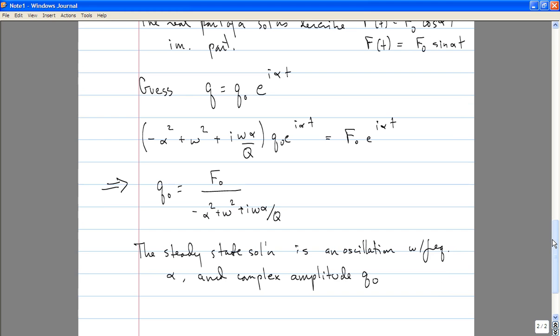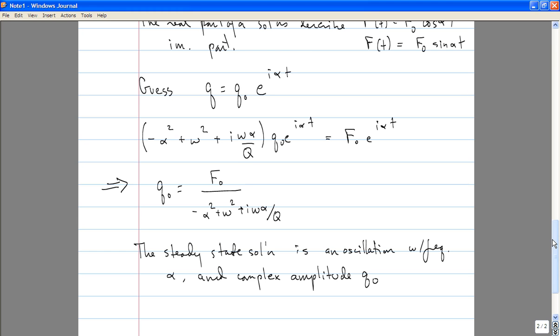So just to remind you, the norm of Q naught will give us the real amplitude of the oscillation, and the phase of Q naught will give us the phase of the oscillation.